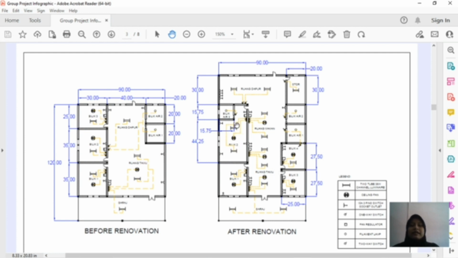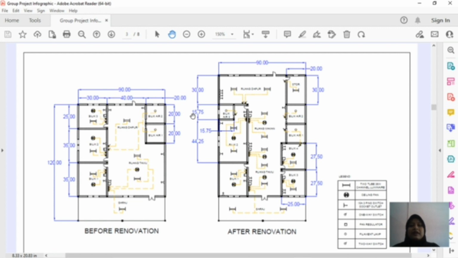We decide to renovate bilik 2 and bilik 3 to become a master bedroom in the house, where the area of bilik 2 becomes 44.2.5.